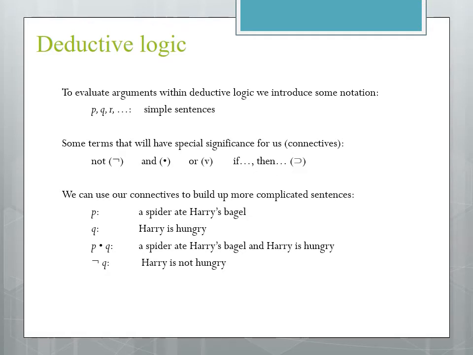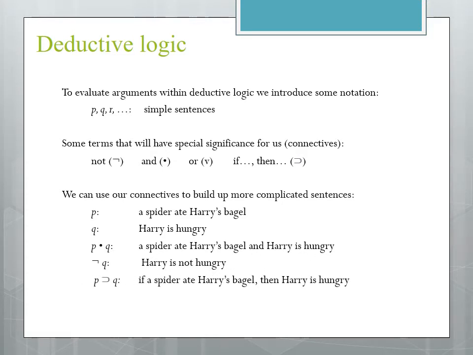So if we've got gate Q, then that's going to translate into English as "Harry is not hungry." Or perhaps you could read it as "It is not the case that Harry is hungry." But the more natural way to express that thought would be "Harry is not hungry."